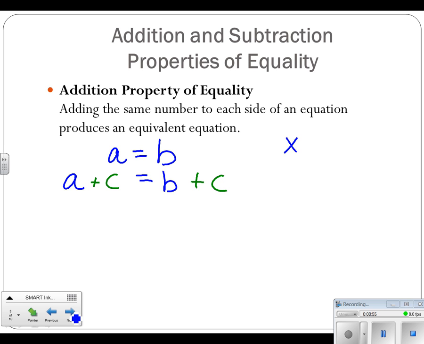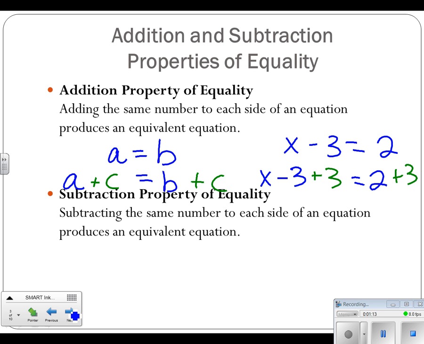If I had x minus 3 is the same as 2, if we take x minus 3 and add 3 to both sides, it would remain true.